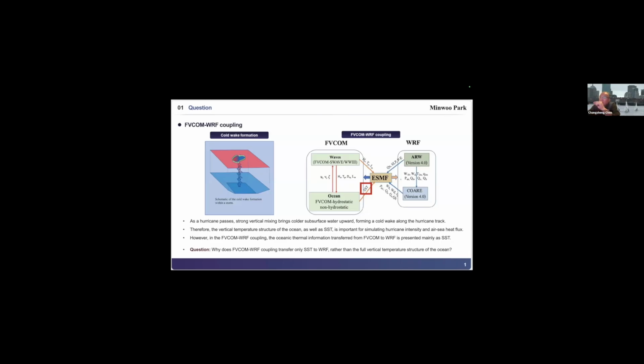So surface roughness should be included in the atmosphere boundary condition. If you're really interested in turbulence, that should be included, but it must be at the interface, not the vertical structure.